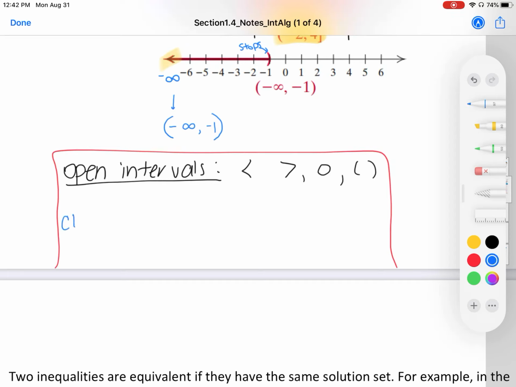Closed intervals, which means that number is included, will be when my statement has a less than or equal to or greater than or equal to, which will be represented by a closed circle, or if you want to, you can also graph it with a bracket, which will translate into your interval notation.